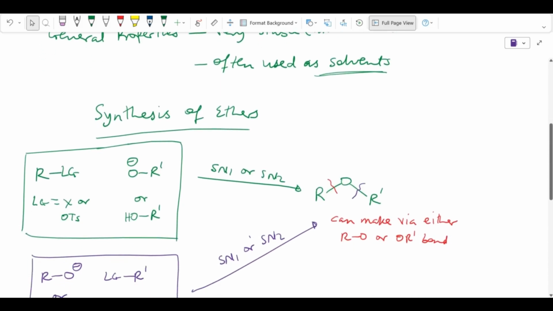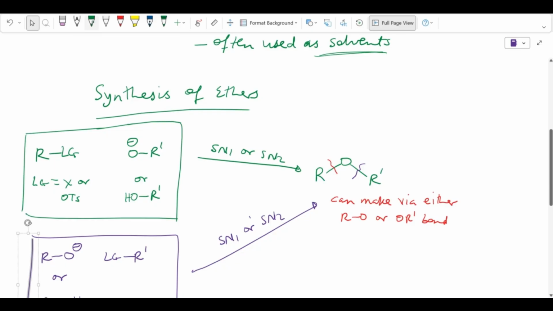How can we synthesize ethers? If you consider this ether, one of the things you can do is to split the molecule right here, and that would disconnect this compound into two groups, the R group and the OR prime group.